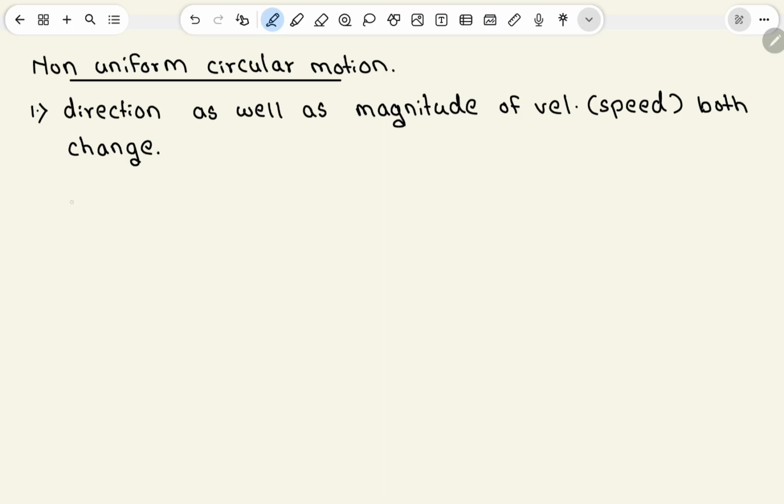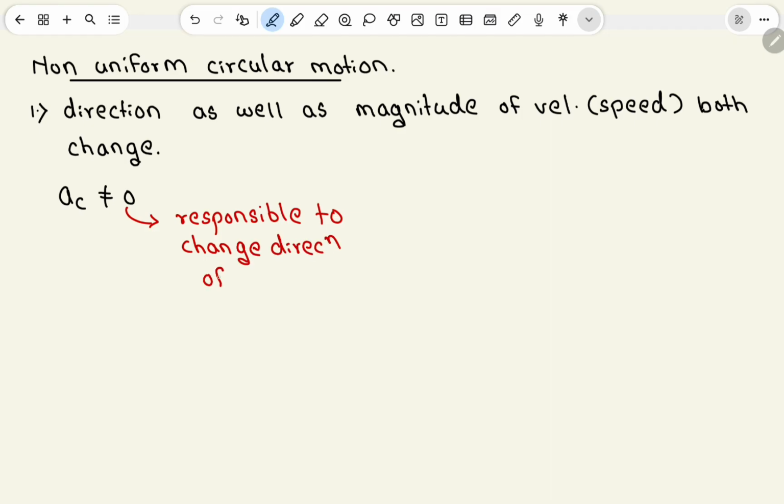So over here we have centripetal acceleration, that is non-zero. By the way, I just forgot to tell one thing, that this centripetal acceleration is responsible to change direction of velocity.